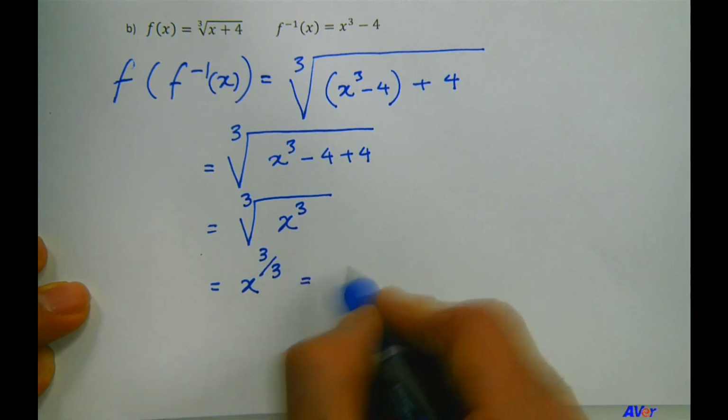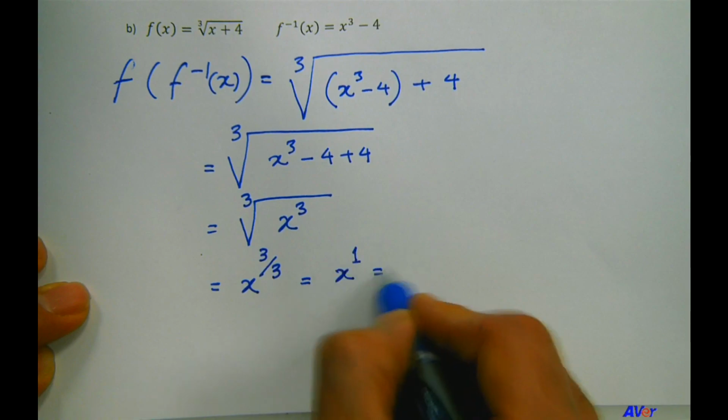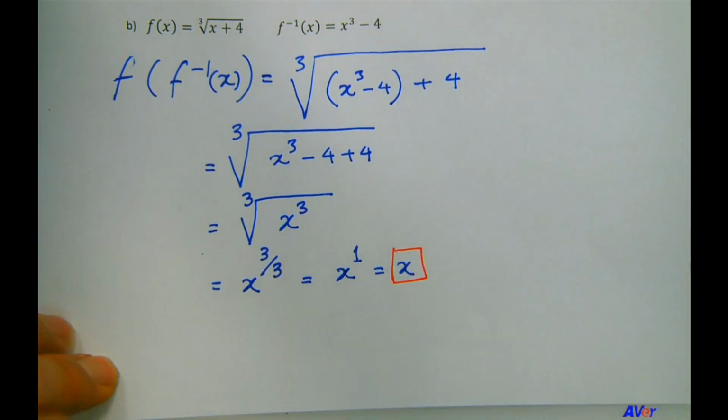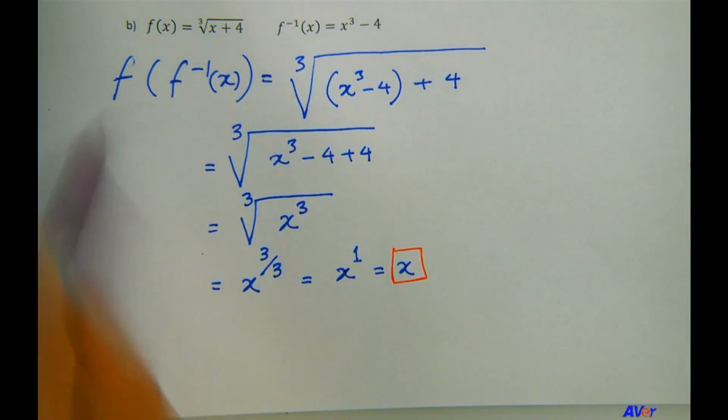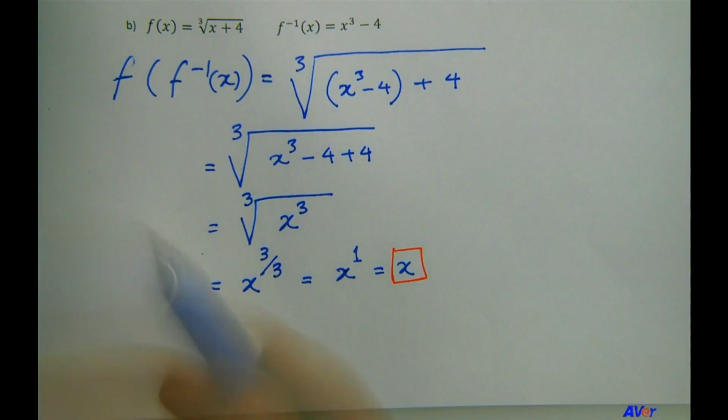So this is equal to x to the first power, or x. So we've shown that the composition of these two functions leads to x, taking the composition function in one direction. Now we've got to do it in the other direction.